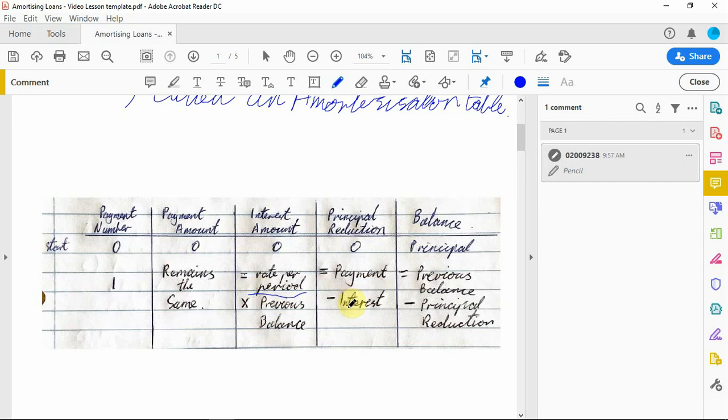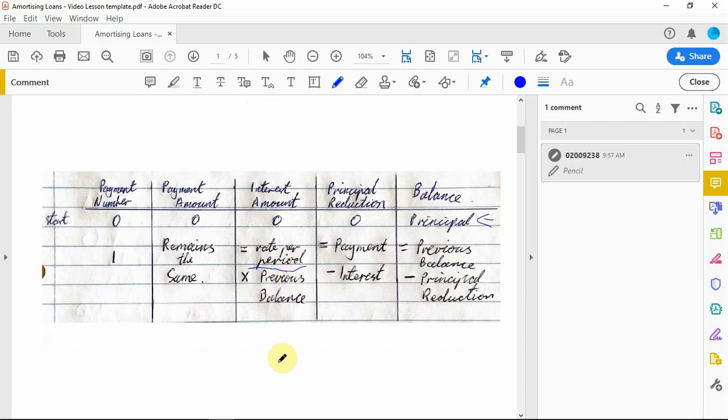That's our little r that we've been using, times the previous balance. Now the previous balance, in this case, because we're in payment one, is this one here, the principal. So we'll do our interest rate for that compounding period times this principal, and that tells us our interest amount.